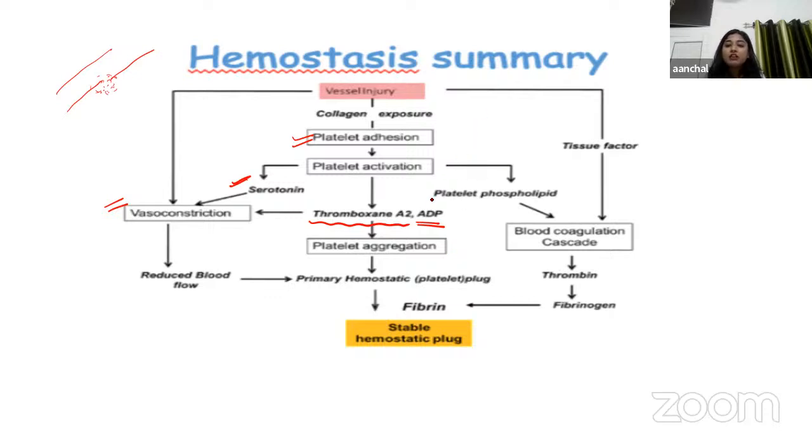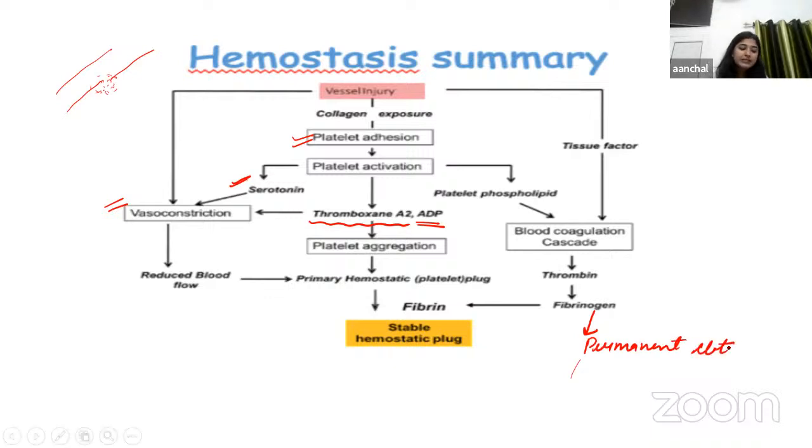Now, with the help of platelet phospholipids and tissue fluid, the blood coagulation cascade is formed, and finally it leads to the formation of thrombin and fibrinogen, and finally to the formation of a permanent clot.